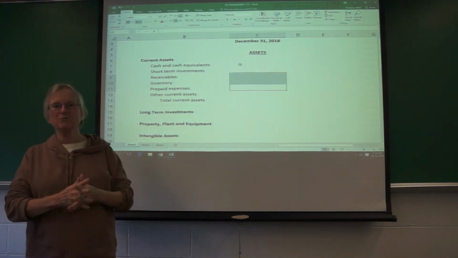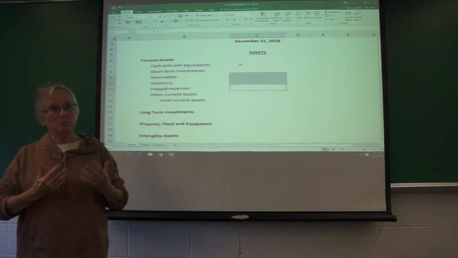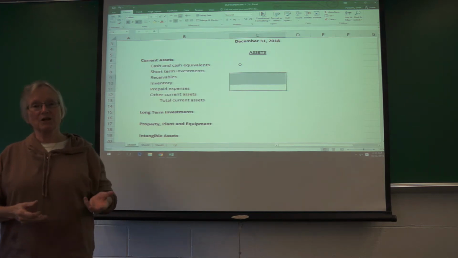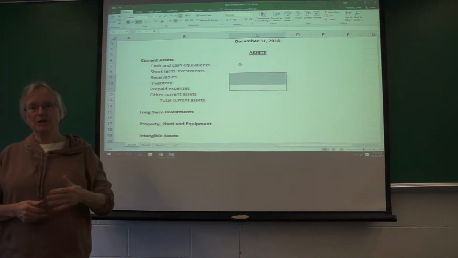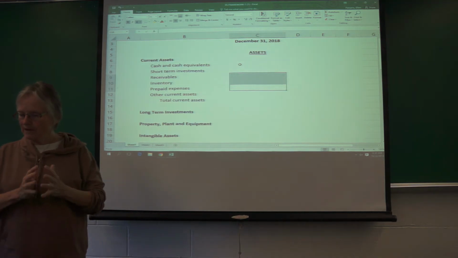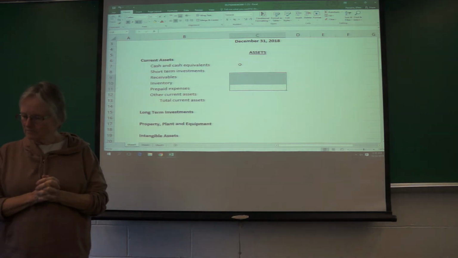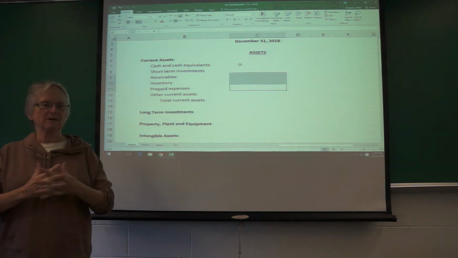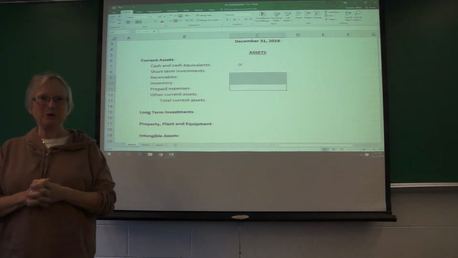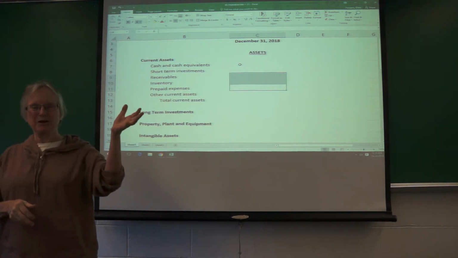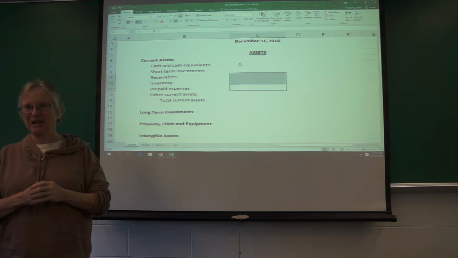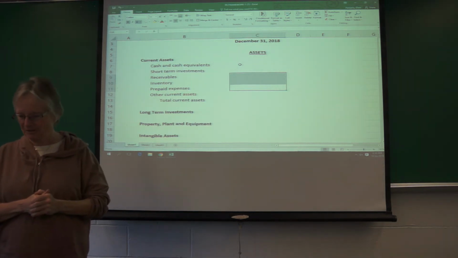So if you prepaid rent for 3 years, 1 year would be classified as a current asset, and the other 2 as a non-current asset. Okay, and they're reported, if anybody asked, at their unconsumed cost. So in other words, whatever has not been consumed is still considered an asset. Kind of makes sense if you think about it.